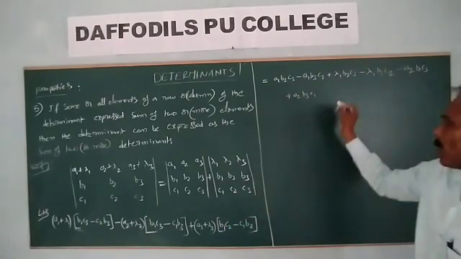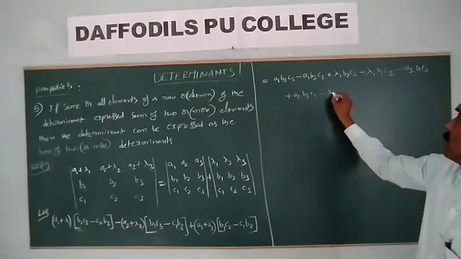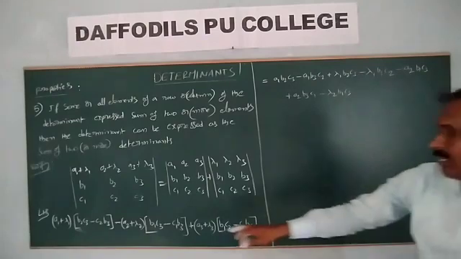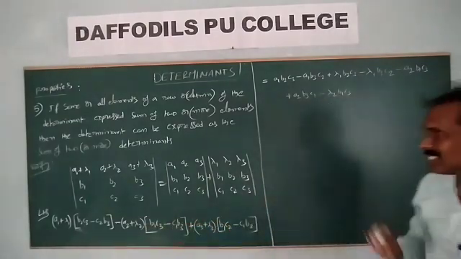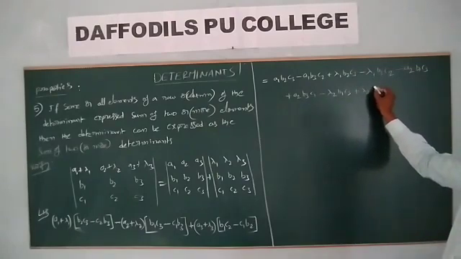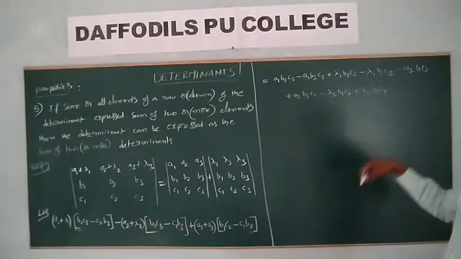Next with lambda 2: minus lambda 2 B1 C3, minus into minus plus lambda 2 B3 C1.